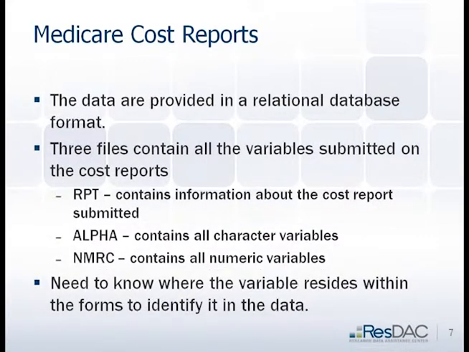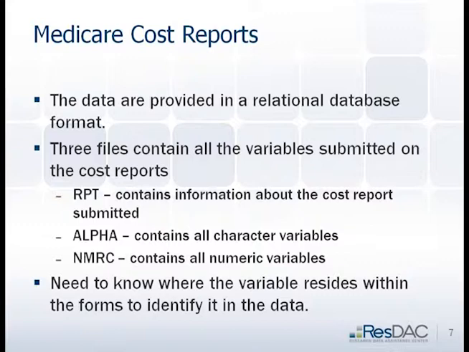You could probably guess this by looking at some of the resource documents, but the data are in a relational database format. So it's not a nice, easy, flat file where you've got the column headings telling you what each variable is. You do have to link files together to get out any information. The three files that you saw on some of the resource documents include the RPT file, and that contains information about the cost report that was submitted.